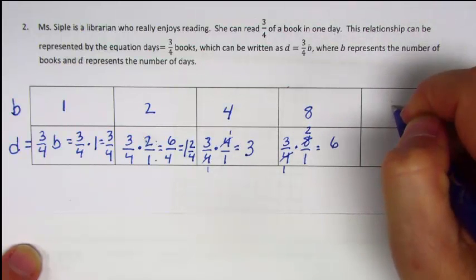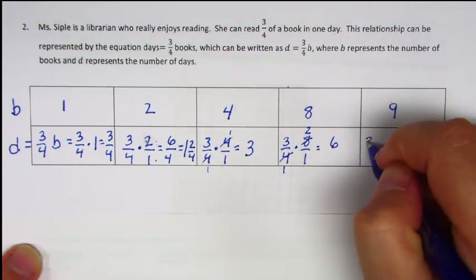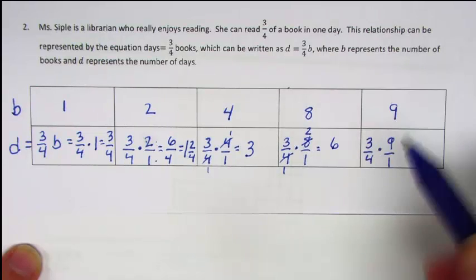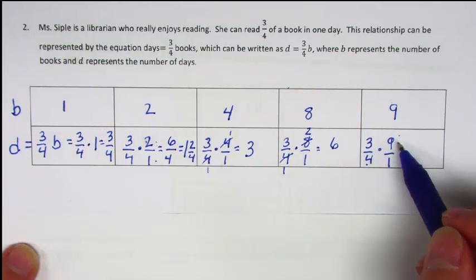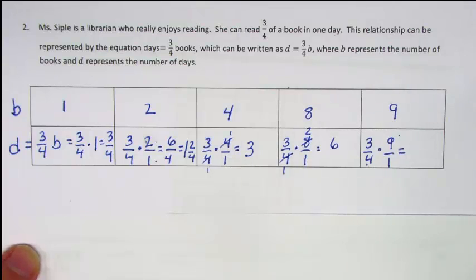Do another example. What if I say 9 books? Then I have 3/4 times 9. There's no number that I can divide both 4 and 9 by. There's no common factor of 4 and 9. So I won't be able to simplify that way.